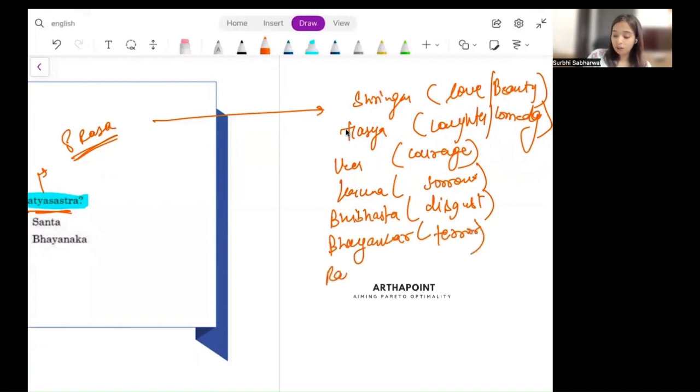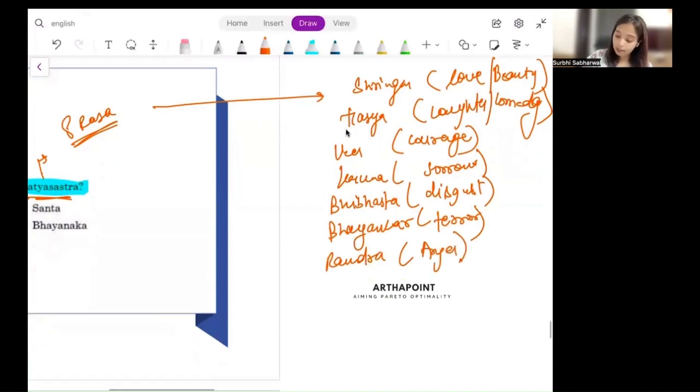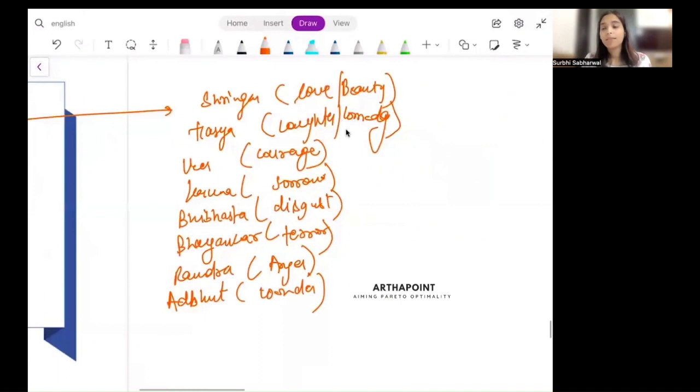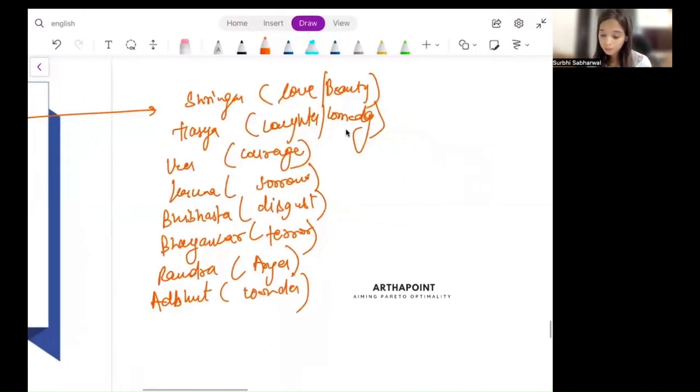You have Raudra, that is anger. And lastly, you have Adbhut, that is wonder. So these are the 8 rasas that are given by Natya Shastra.